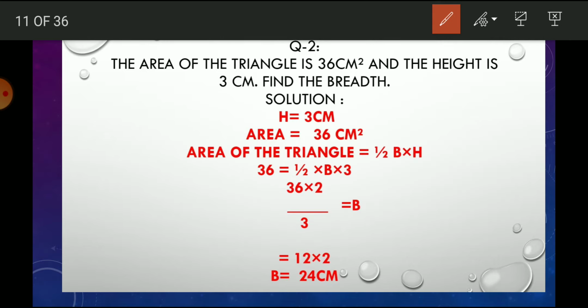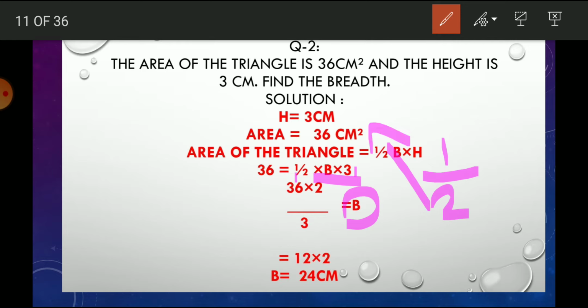So here the b is a multiplication term, and the 3 and half are also multiplication terms, so they come to the opposite side as division. The 2 is already a division term, so it goes to the opposite side as multiplication. The 3 is already multiplication here, so it comes to the opposite side as division.